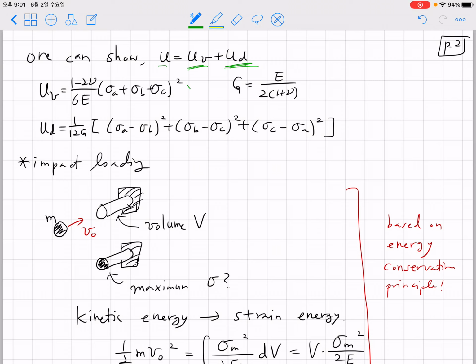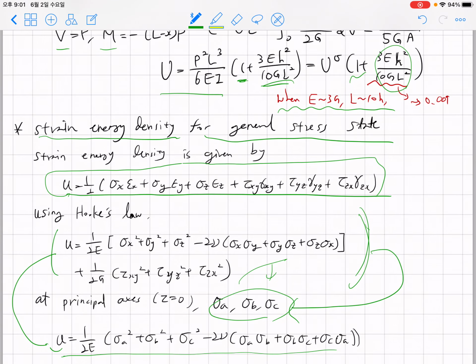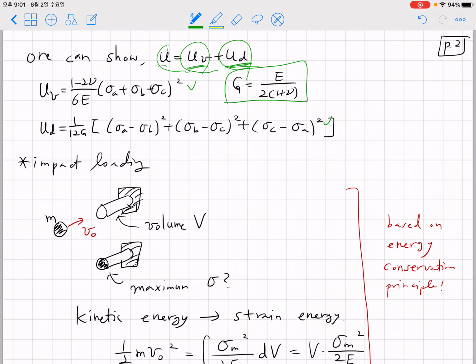And we can quantify each of these terms in this way, and by using the relationship between shear modulus, Young's modulus and Poisson ratio, we can prove that UV plus UD is equal to U, which we just wrote down in the last line of the previous page.